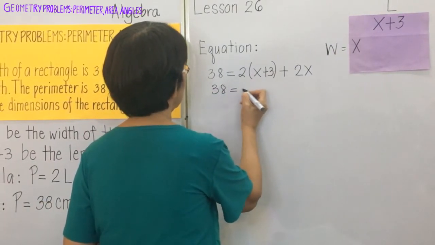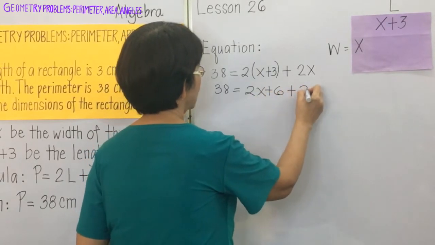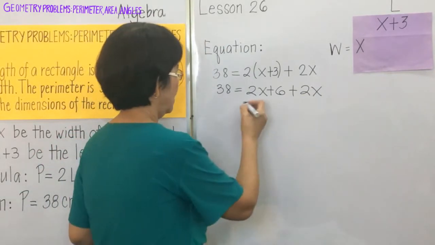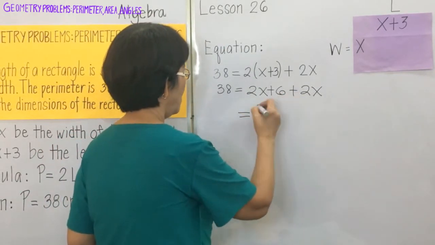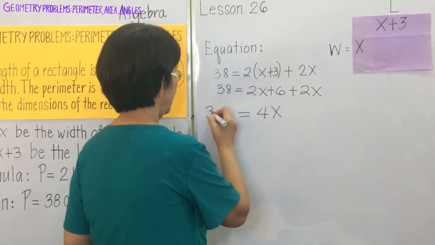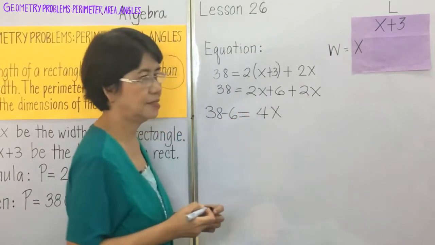38 equals 2x plus 6 plus 2x. We add the x terms, so we have 4x, and 38 minus 6.